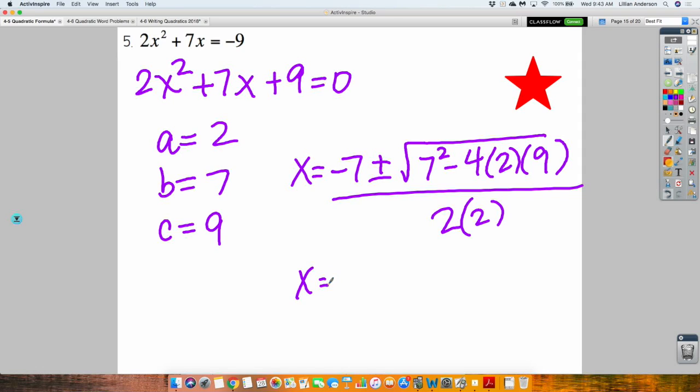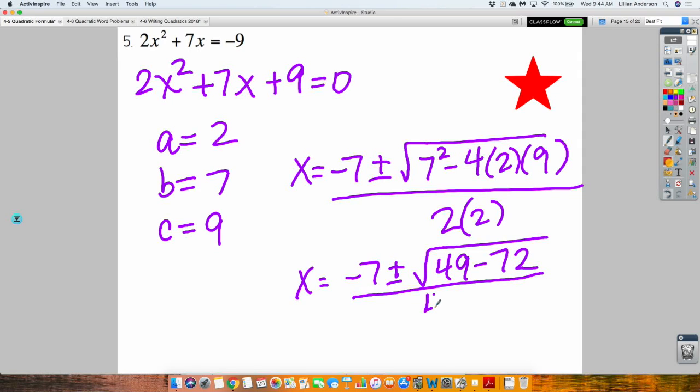Plugging everything in, now I have minus 7 plus or minus the square root of 49 minus 72, all over 4. What's 49 minus 72?